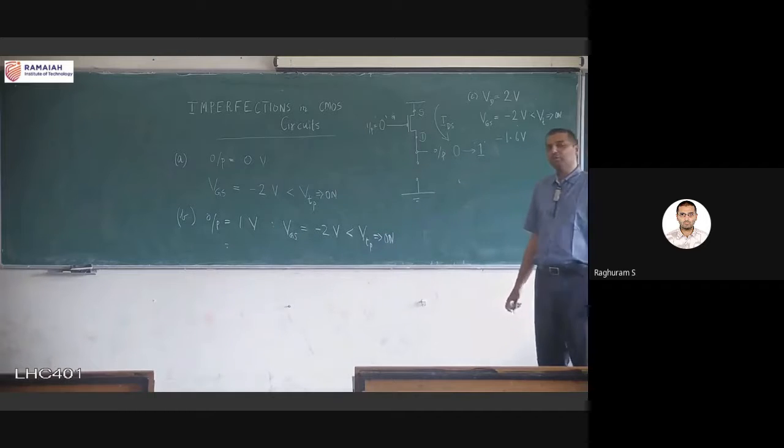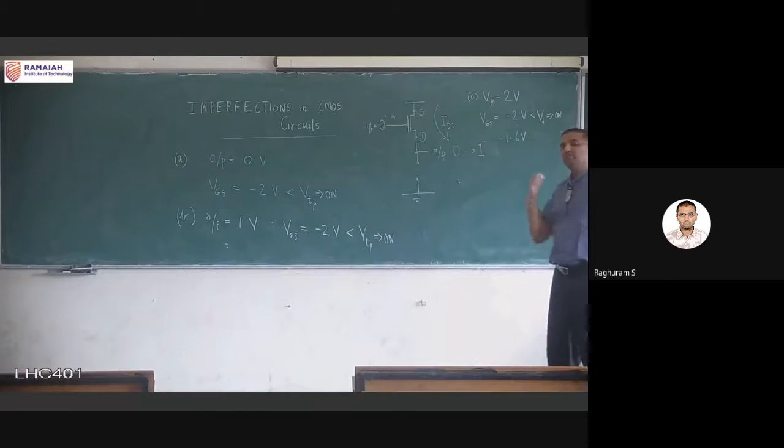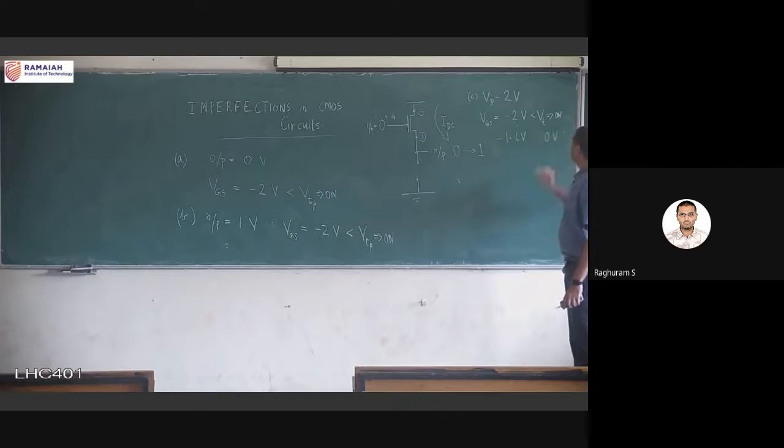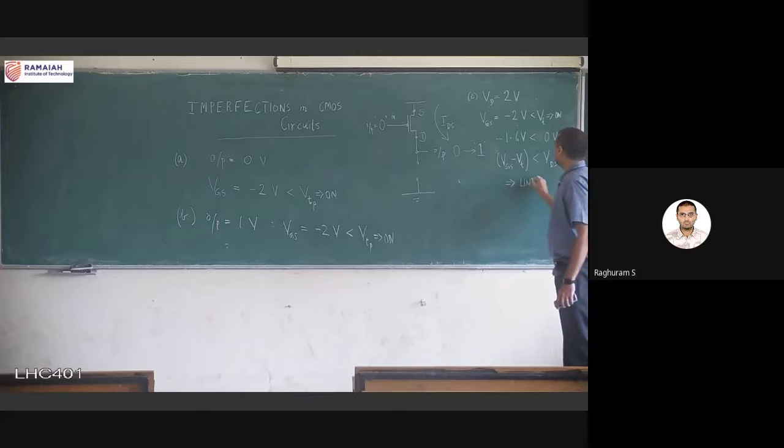VDS equal to 0, because VD is 2, VS is also 2. So which is greater? VDS is greater. Now what is the region of operation? The region of operation is linear. This is the linear condition for a PMOS transistor.